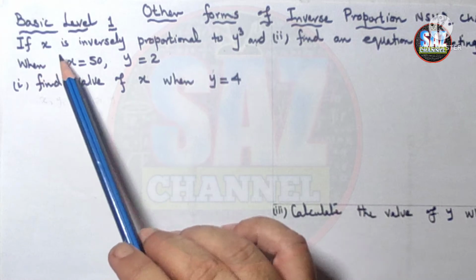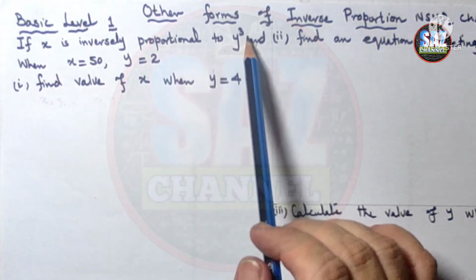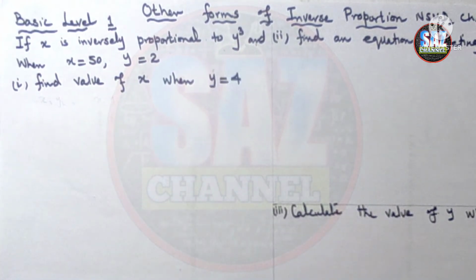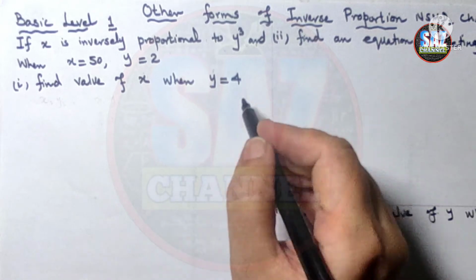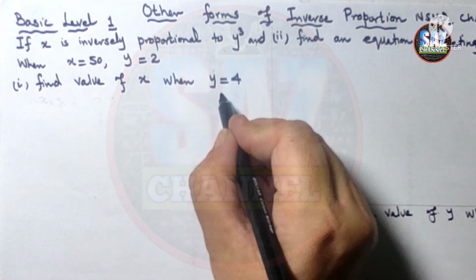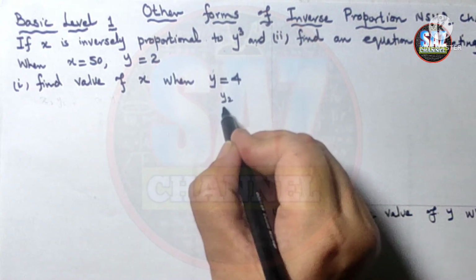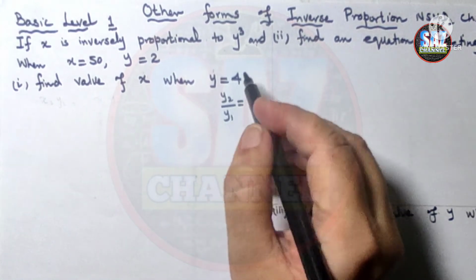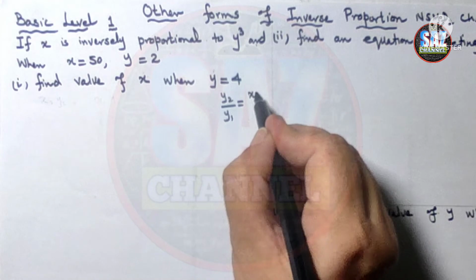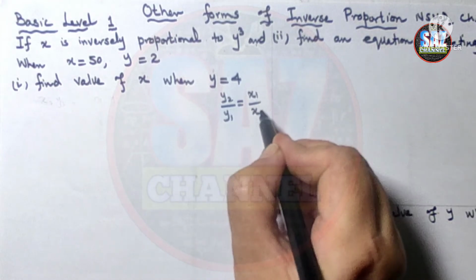The question in the beginning says x is inversely proportional to y cube. In the beginning, the question doesn't say write down the equation connecting x and y. So we have to think about another way to understand this question. We know when two quantities are in inverse proportion, then the relationship between them is y2 upon y1 equals x1 upon x2.